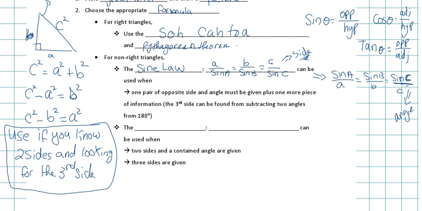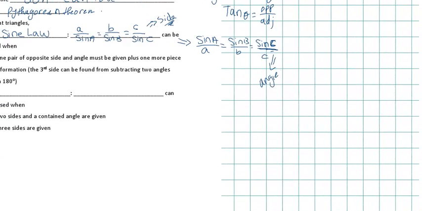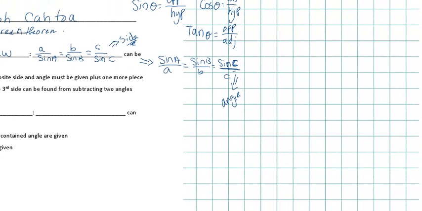Okay? So let's look at the two different scenarios. If you have a triangle, and you are given two sides, so let's say this side and this side, what angle must you have? Because it's two sides and an angle.